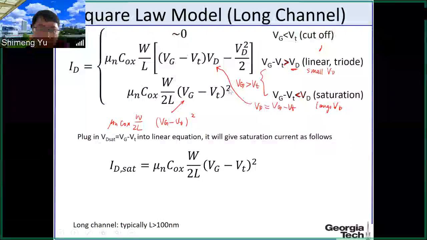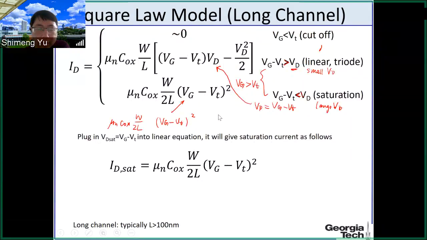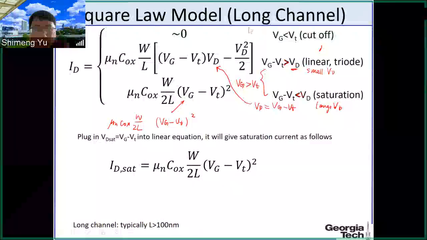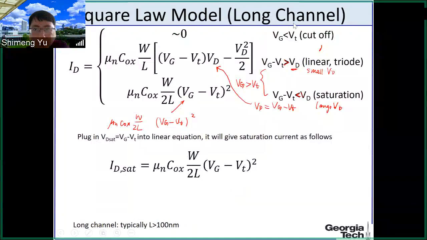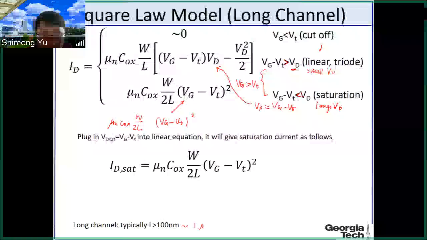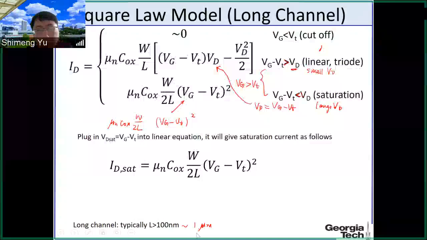And also this is a square term, so sometimes we call this the square law model. So this is the first order model, the simplest equation for the transistor, and it's only good for the long channel device. Long channel means the L is much larger than, let's say, 100 nanometers, or even the 1 micrometer scale. Then these equations are pretty accurate for the long channel, like micrometer scale.